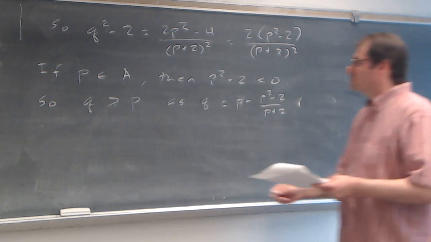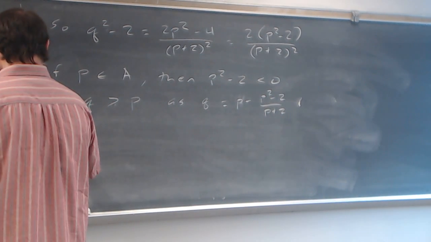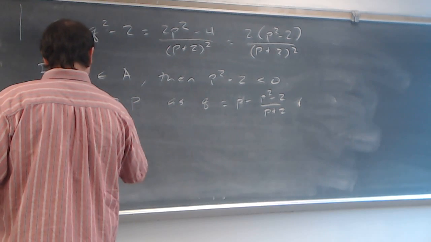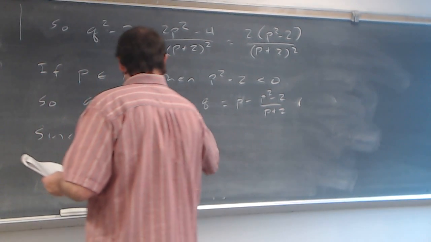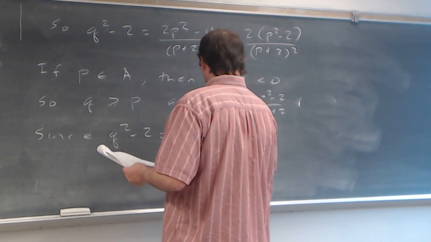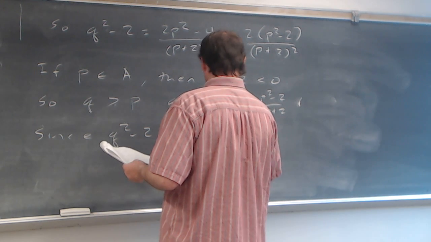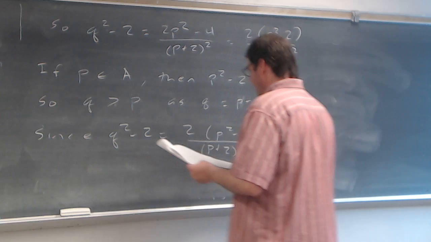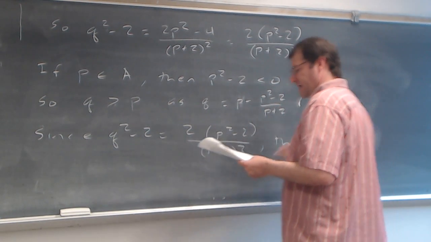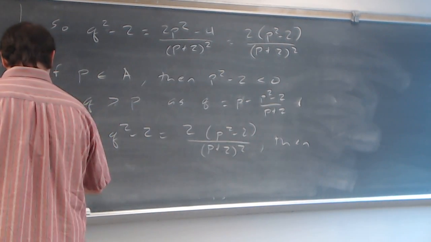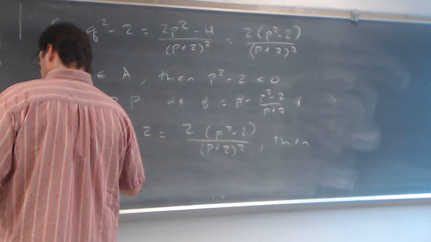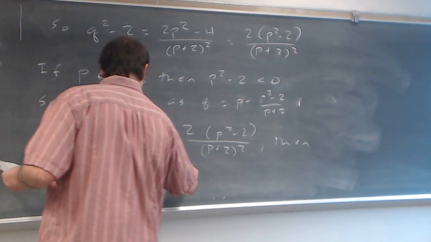Okay, so since q² minus 2 is equal to 2 times (p² minus 2) over (p+2)², then, in this case, q² minus 2 is negative.